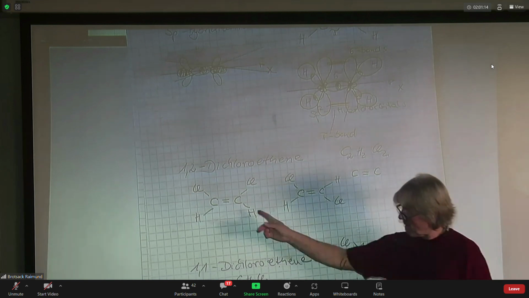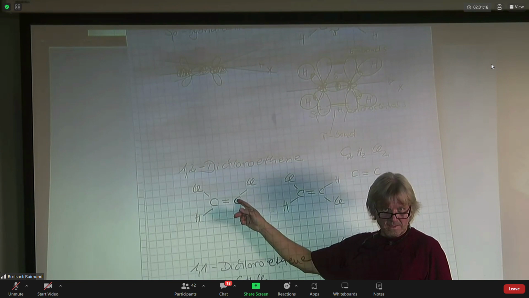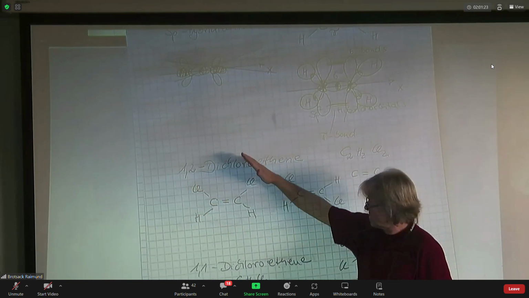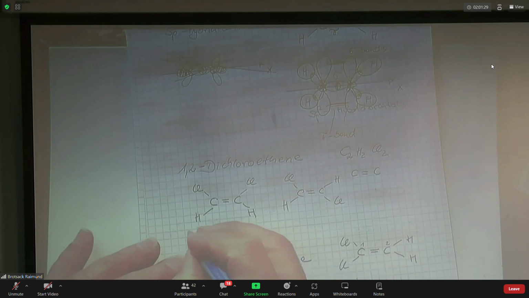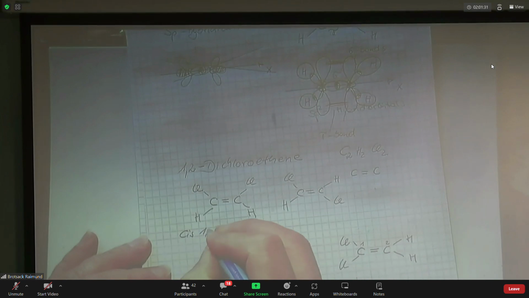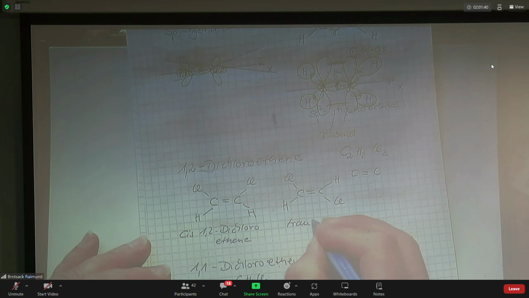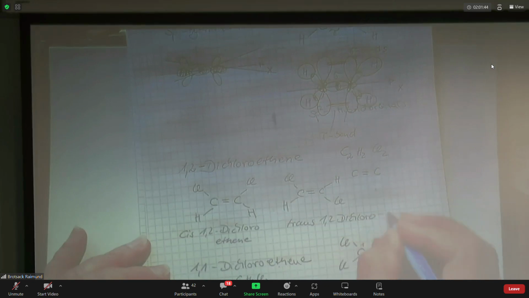Do you know the name of this? Anyone? We call it cis and trans. This one is the cis 1,2 dichloroethene. And this one is the trans 1,2 dichloroethene.